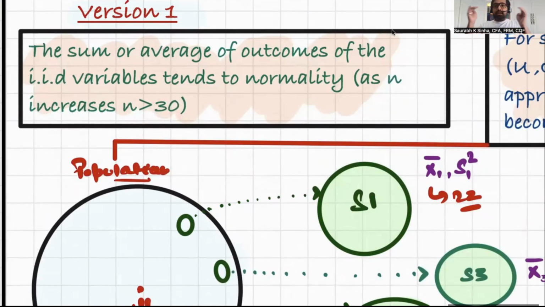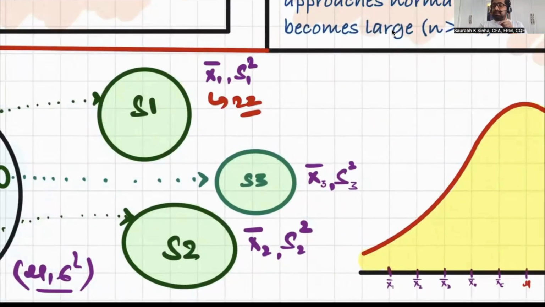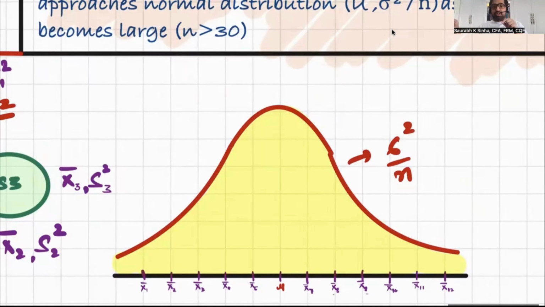The number of entities that you're adding to calculate the sample mean is 35, greater than 30. Because these three conditions got satisfied, the sample mean distribution is following normal distribution. And a very important point, the distribution of the sample mean. What is the distribution of the sample mean?